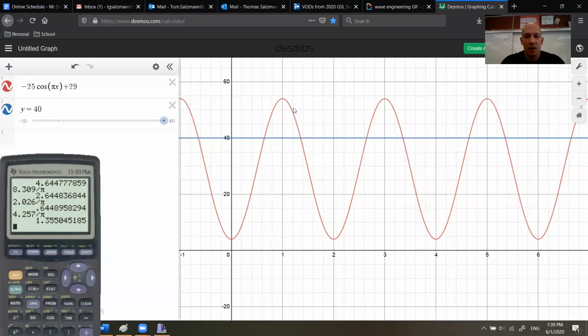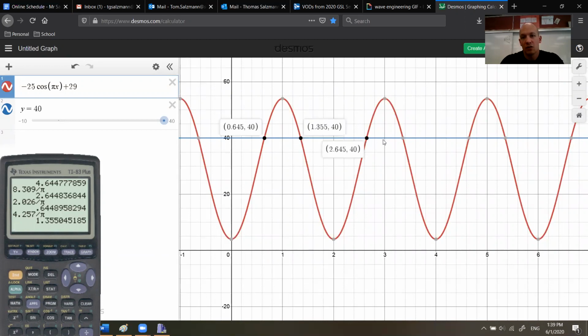So this red squiggle is my height as a function of time, and this blue line is, of course, when we reach a height of 40. So we can see our points here. So why do you get 6 different points? We can see the period of rotation was 2 minutes, so you go up and down once every 2 minutes.